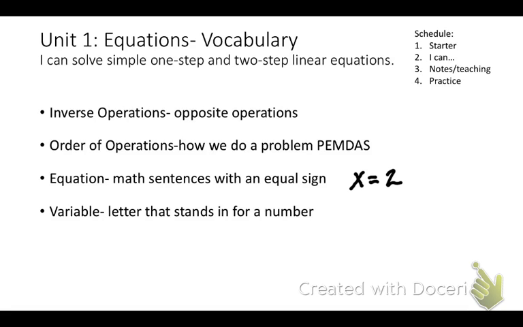X equals 2. That's an equation. Another really great example of an equation is 3x equals 15. Now come up with your own. See if you can come up with your own. I'm going to write one more down so you can just see it. X minus 4 equals 10. Those are all examples of an equation.